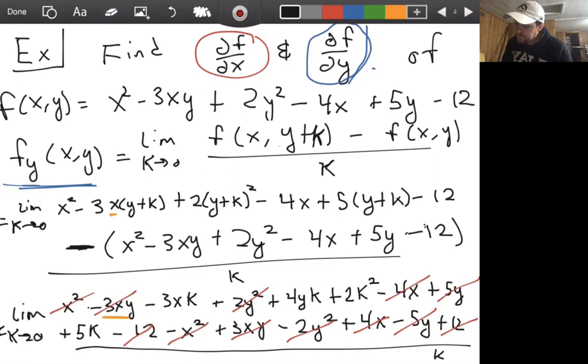Okay. And so this looks a lot better now. And this is what we have left. We have negative 3xk plus 4yk plus 2k squared plus 5k all over k.